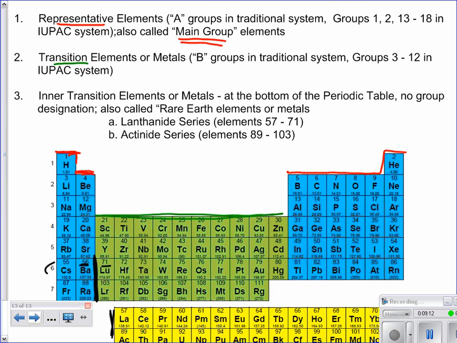So this is period 6, because after 56 comes 57. That's still considered period 6. Here is period 7. Instead of just being in the transition metals, these are taken out from inside of the transition metals, so they are inner transition elements, also known as rare earths.